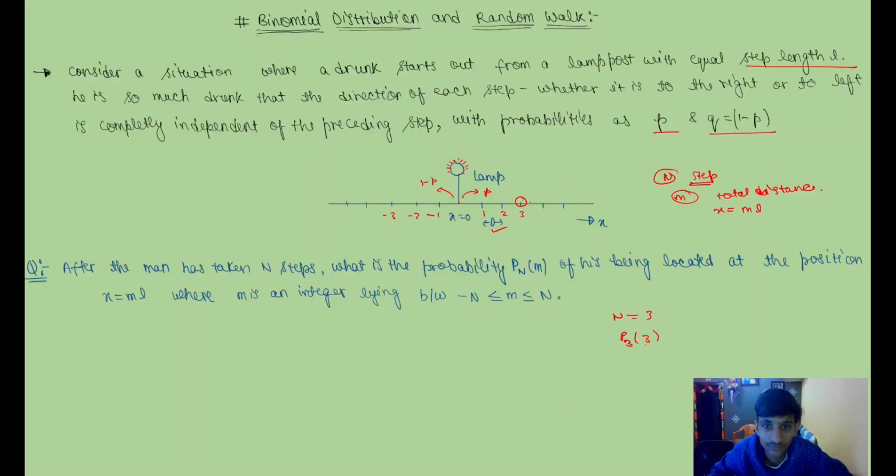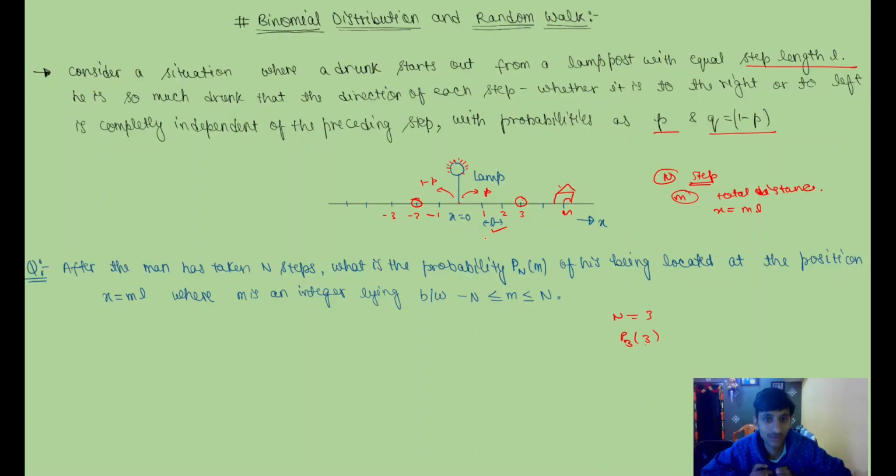Or let's say his home is here, and I want to know whether he is able to reach his house or not. Let's say this is at m. So this is the problem.